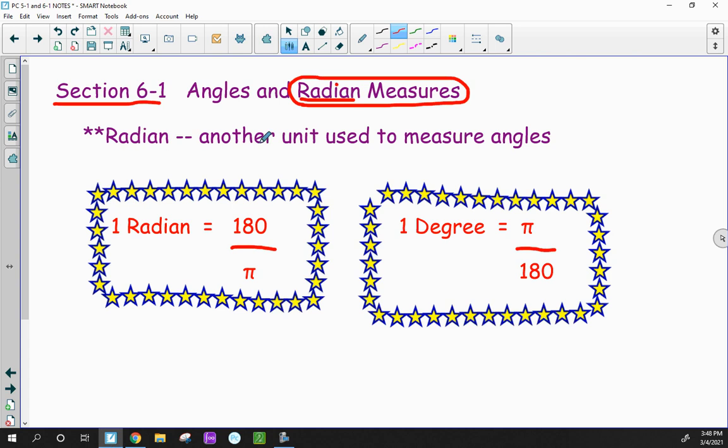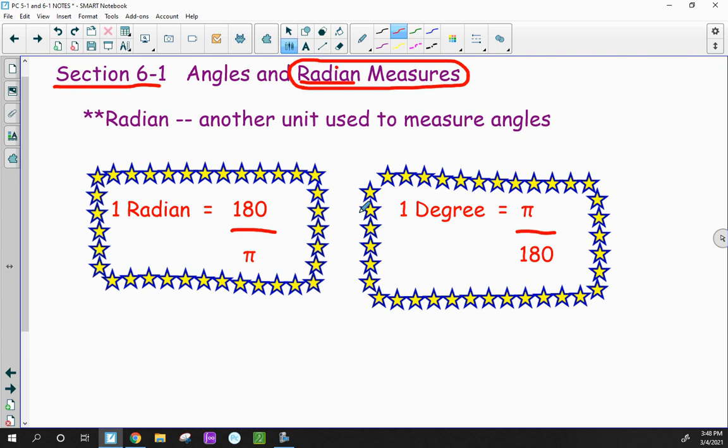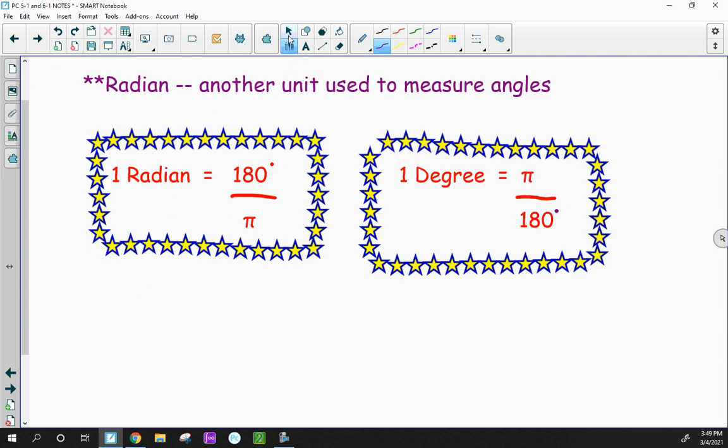A radian is just another unit to measure the angle, and here's what the definition is. 1 radian, which again is new to us, is equal to 180 degrees divided by pi. 1 degree is equal to pi divided by 180 degrees. Usually with radians, not always, but usually you'll have a pi in your answer.